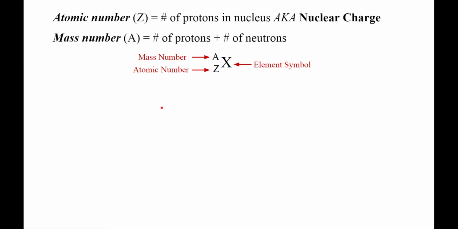Similar to previous chapters, we have atomic number and mass number. But one thing we're going to do differently is refer to the atomic number as the nuclear charge. When you understand the word nuclear as in nucleus, and charge as in what's the charge in the nucleus? Typically you would only be referring to protons for the atomic number, but in this chapter, there are other things that have charge that can come into play in the nucleus.